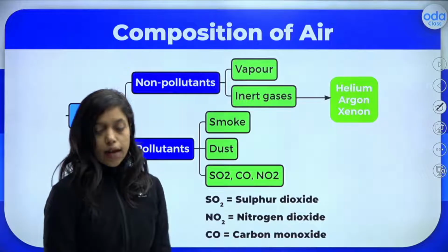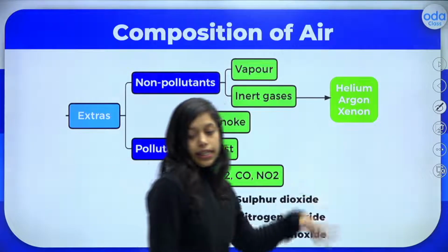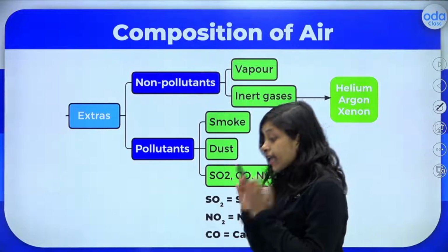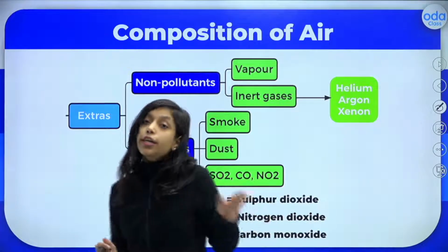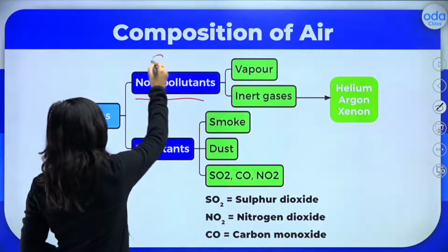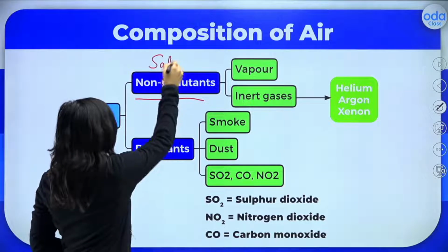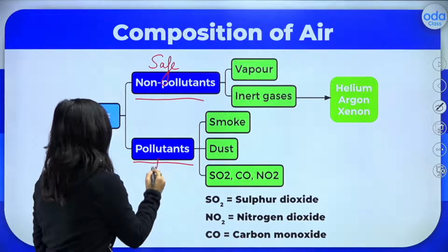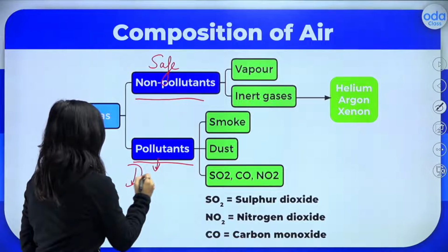So this is the composition of air, the primary three gases. As I told, there are some extra gases, right? So in that extra gases also, we can divide it into two parts. One is non-pollutants, that means these are safe. They will not cause any harm for us. But there are some pollutant gases which are dangerous for our life.